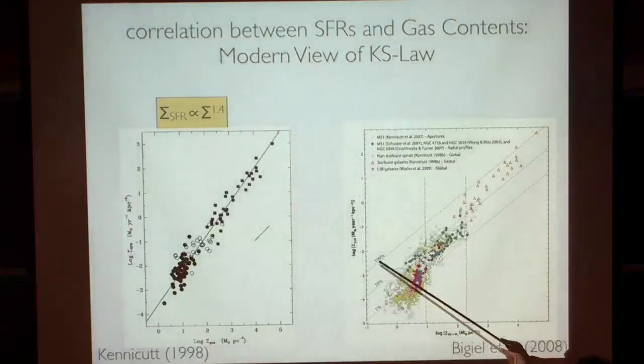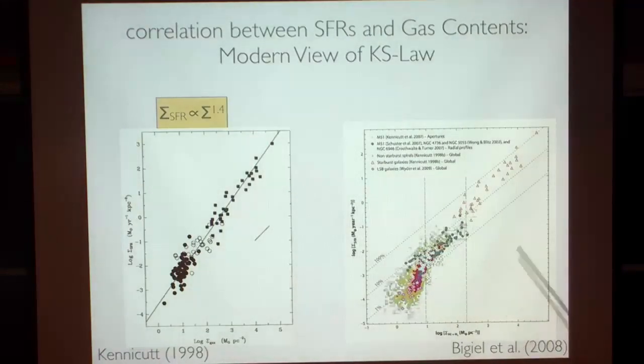So what they got from this recent survey is a colored contour here. What this shows is the star formation rate as a function of the total gas mass. And there are lots of other points overplotted here, especially including the original Kennicutt observation for the entire galaxy gas average.